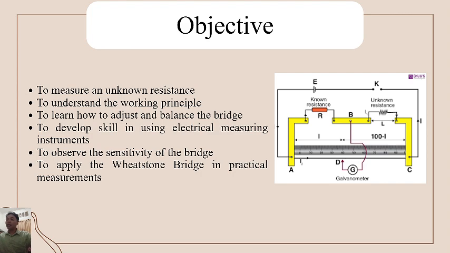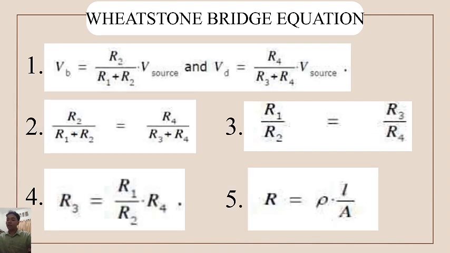And the next is the Wheatstone bridge equation. There are 5 equations you can use in the Wheatstone bridge. Number 1 is the two voltage divider equations in a Wheatstone bridge circuit. VB is the electrical potential at node B, and R1 and R2 form a voltage divider on the left side of the Wheatstone bridge.